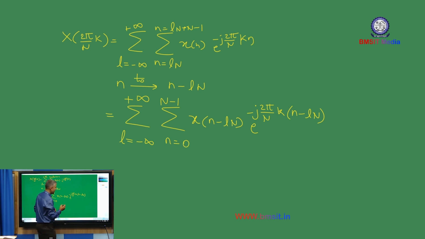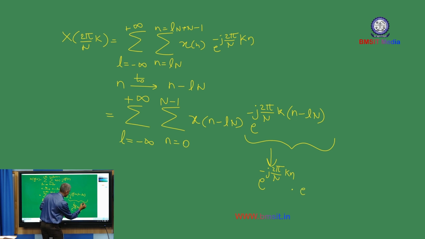But one interesting thing is that this particular representation of e raised to minus j 2 pi by n kn can be simplified. Only this term I am just considering, e raised to minus j 2 pi by n kn, into e raised to minus of minus, that is plus j 2 pi by n into k into l into n.